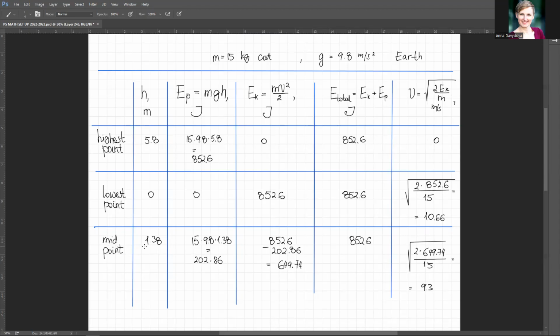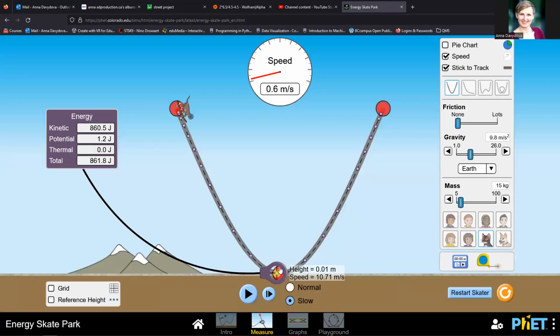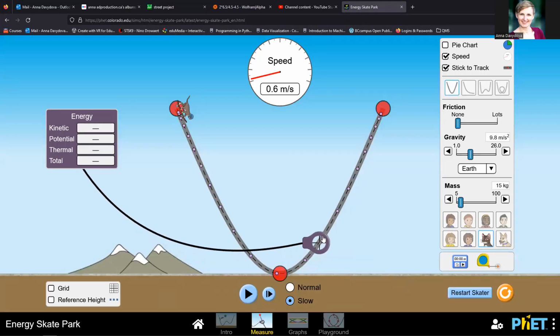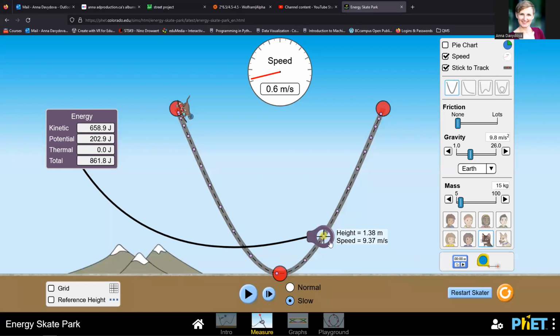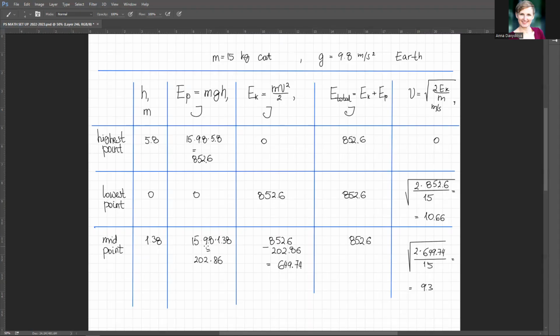In the midpoint at 1.38, here at this point, there's a distribution of energies. I can't really say that one of them is 0 now. I can't say the energies are equal. That would not be true either. So I have to start by calculating potential energy because I know the height.